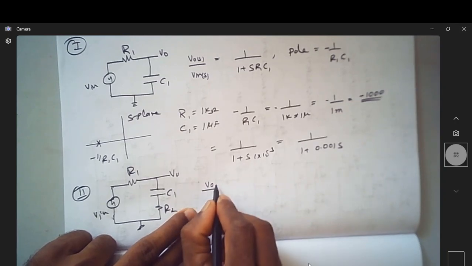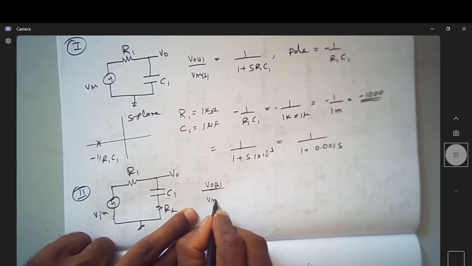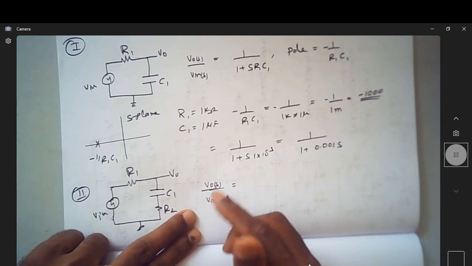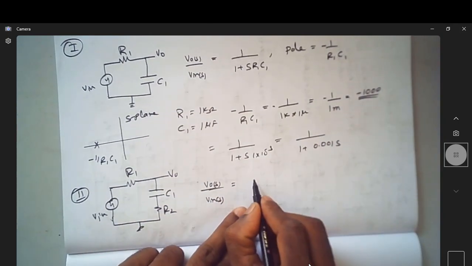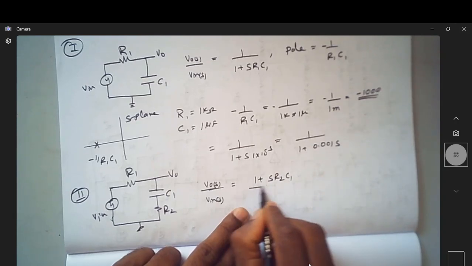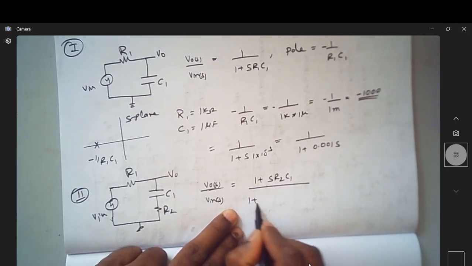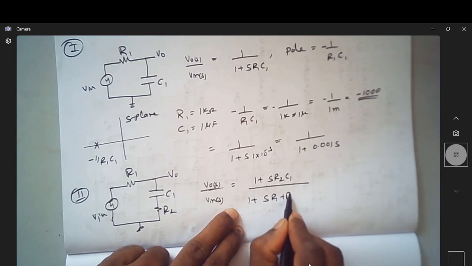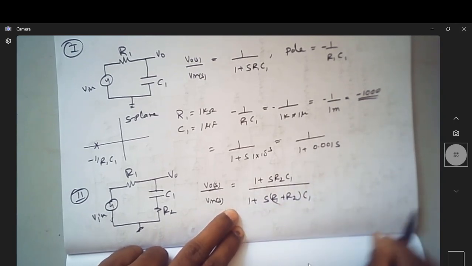You can just recap them. If you have a look at the entire derivation, this comes out to be 1 plus S R2 C1 divided by 1 plus S (R1 plus R2) C1.